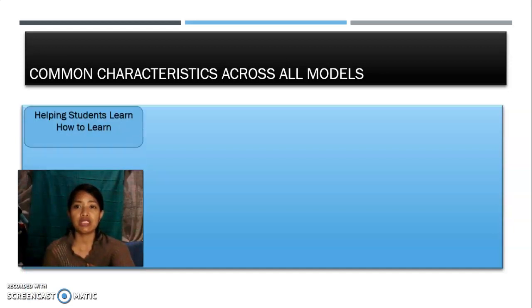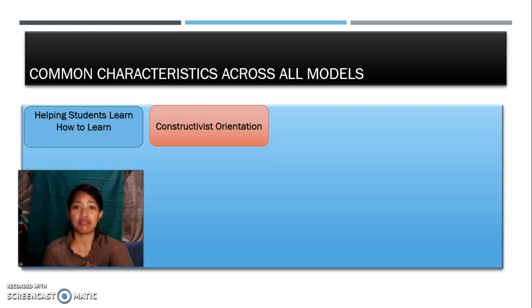Starting with, all teaching models provide students with activities that help them in learning and know what to learn. So students know what to do and what the goals of the learning are, and it's derived from the root of philosophy, constructivism.